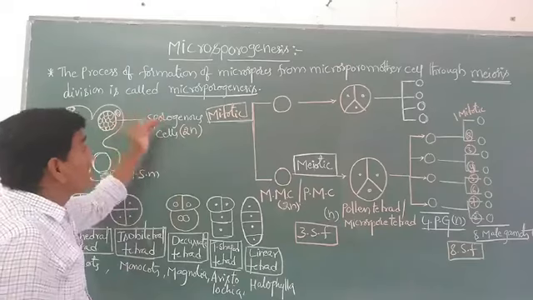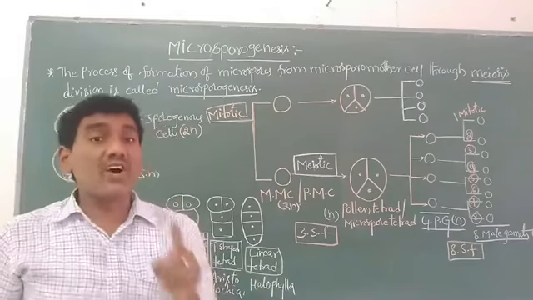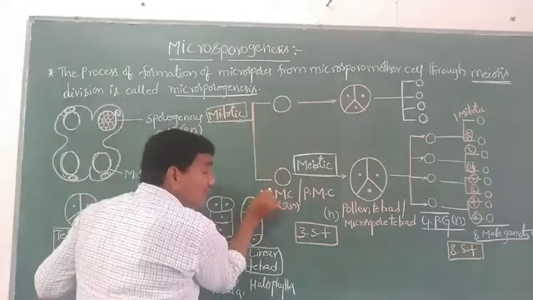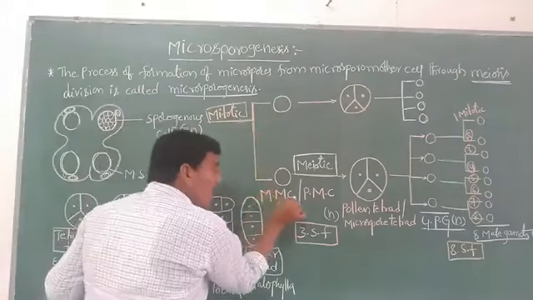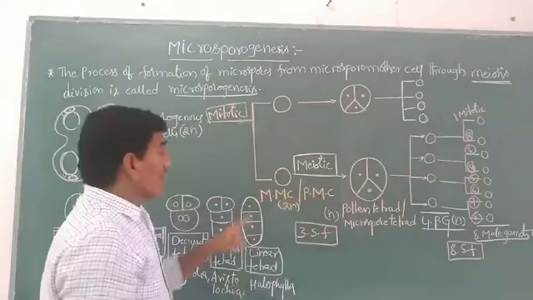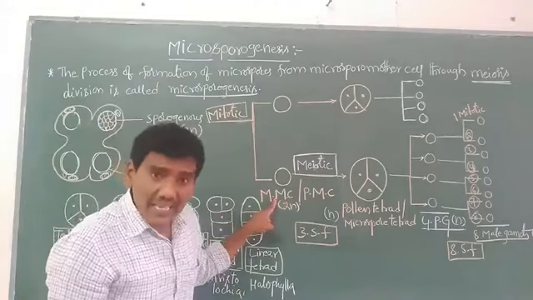The sporogenous cells undergo mitotic division to form microspore mother cells or pollen mother cells. The ploidy of the microspore mother cell is diploid.